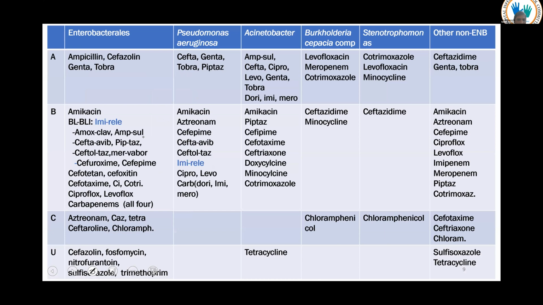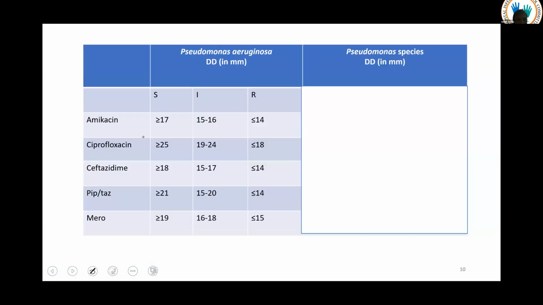Norfloxacin was removed from the CLSI breakpoint group in 2019 and 2020. In the 2021 CLSI, it is again appearing under U. The reason they removed it was not mentioned, but for the last couple of editions norfloxacin was removed from the CLSI list. That is why it was not there, but now it should be available because it now has a breakpoint.